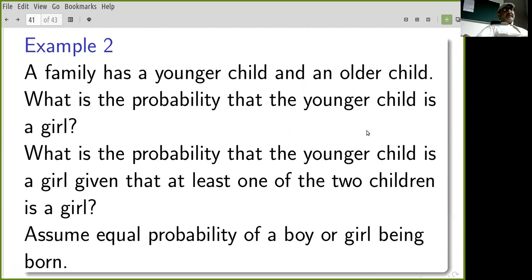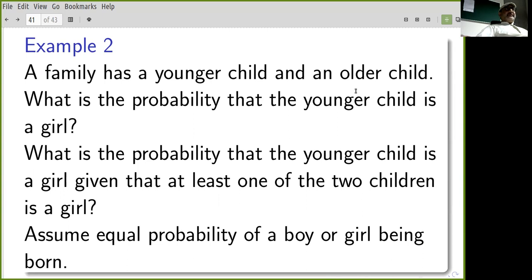Let's assume an equal probability of a boy or a girl being born. It turns out that unless there's some external interference, there's slightly more boys: 104 or 105 boys are born per 100 girls.